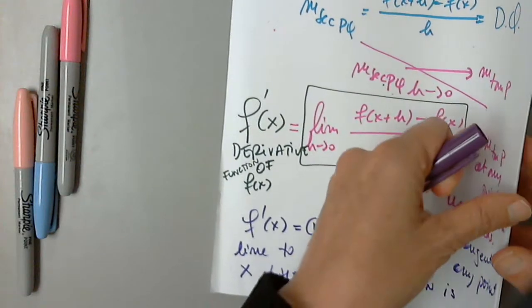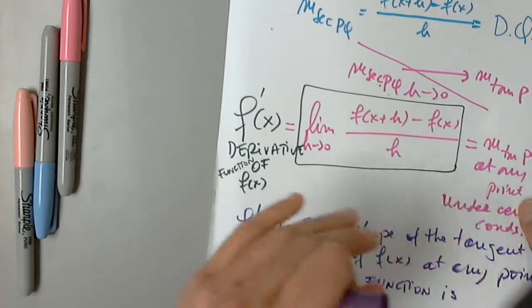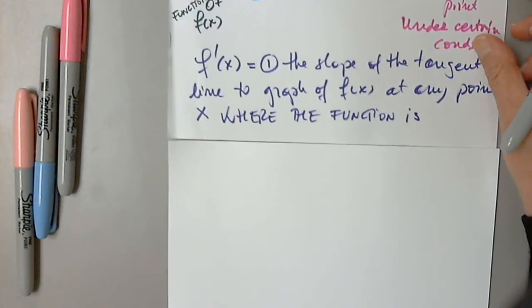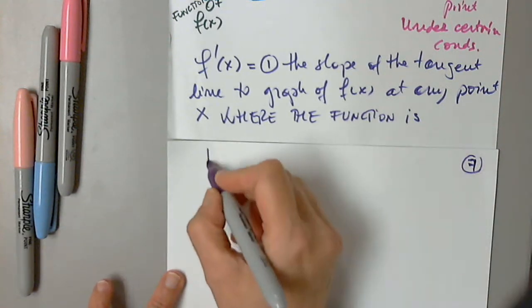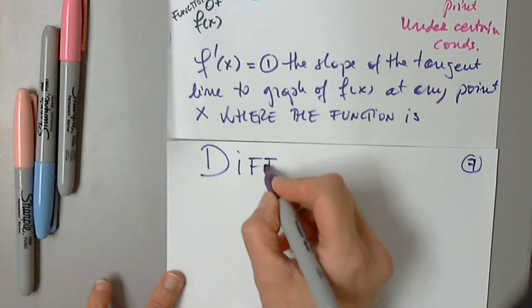It's okay if you don't. You don't have to. Say it again. Defined. Nope. Continuous. Nope. Much stronger than that. Differentiable.